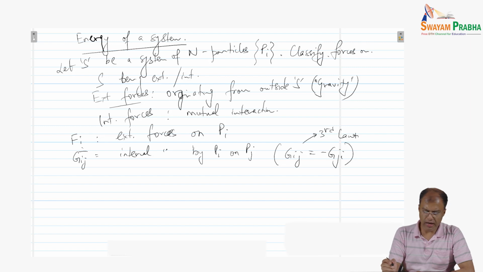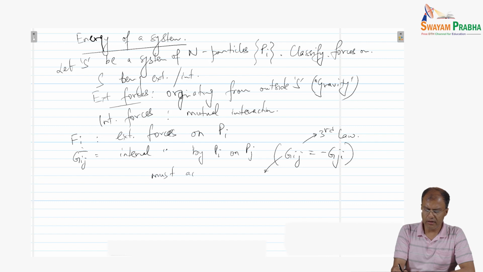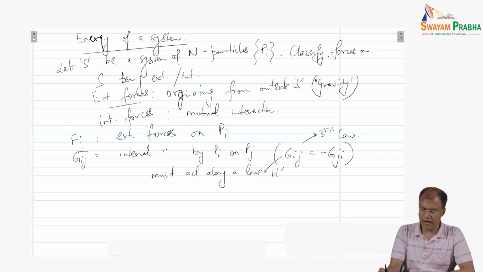Also, these internal forces must act along a line parallel to the straight line joining Pi and Pj.